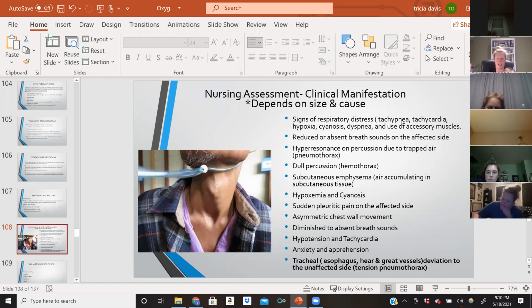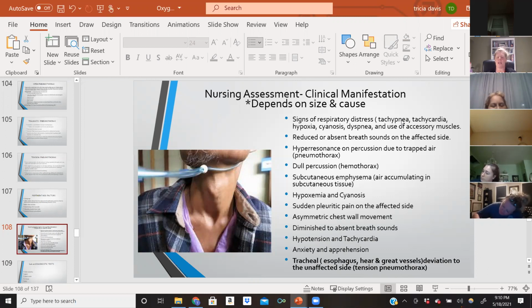When you look at them, their chest wall may not be symmetric when they're breathing in and out because that lung is collapsed. Diminished to absent breath sounds, hypotension because we're going to have decreased cardiac output, tachycardia because we're trying to pump more blood because our blood pressure is low, apprehension, anxiety because of the hypoxemia.